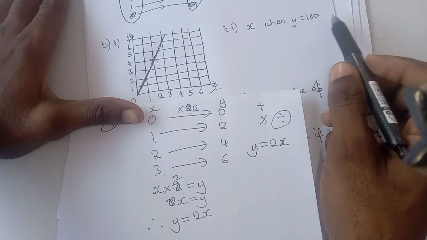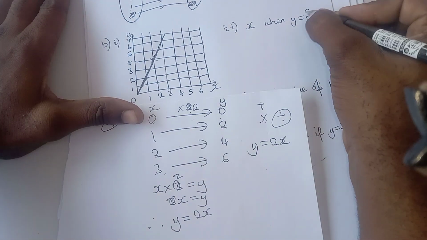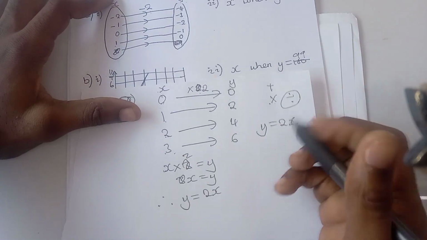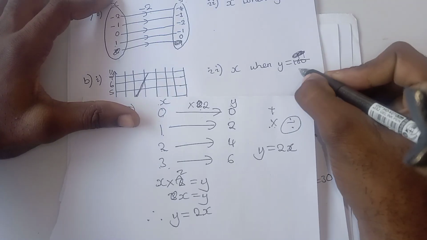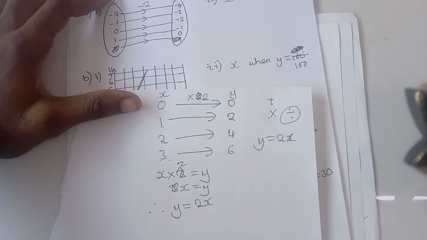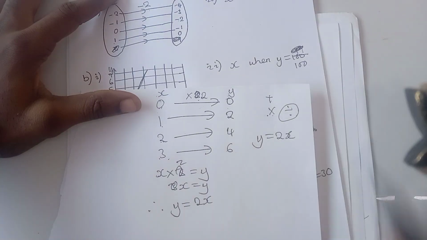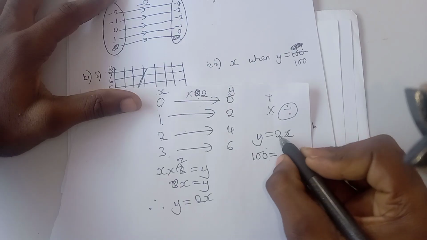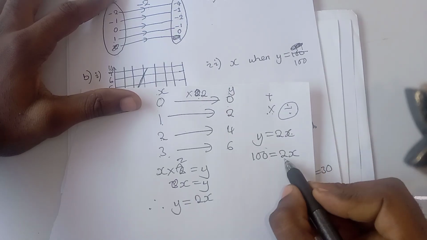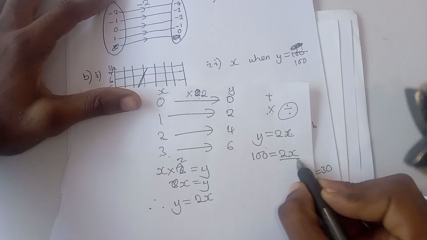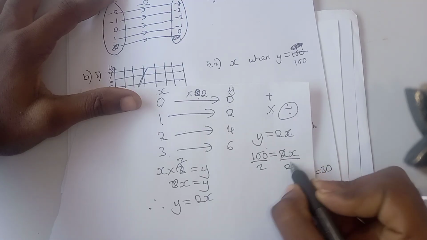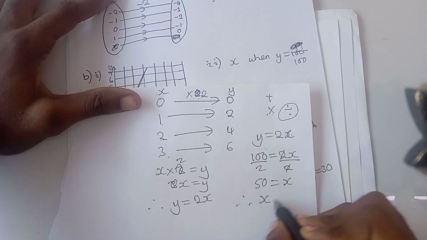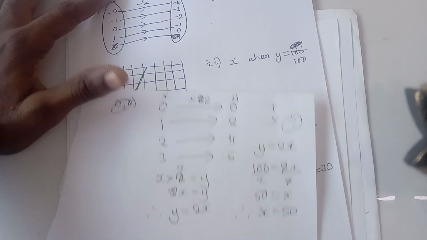So when y is 100, to solve for x, you can simply divide both sides by 2, so that x is 50, and you're done.